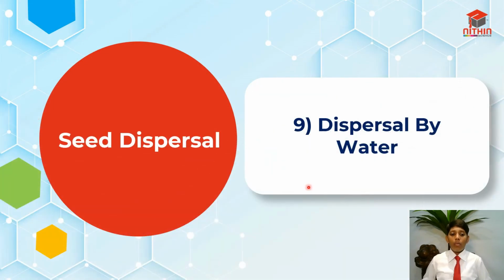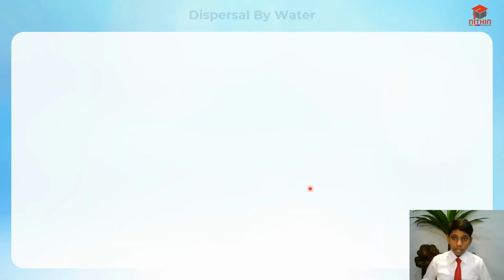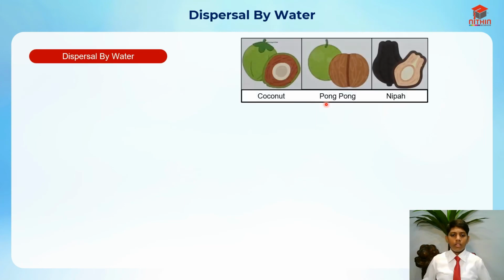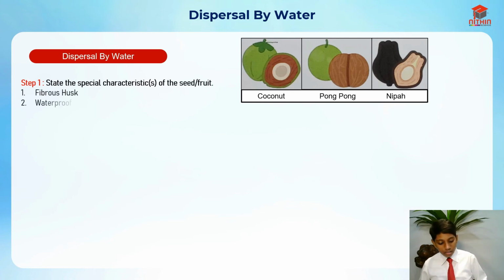Dispersal by water. We have some fruits like coconut, the pong, and the nipa fruit. All of these are dispersed by water, and all of these have special characteristics like the fibrous husk and the waterproof outer covering.